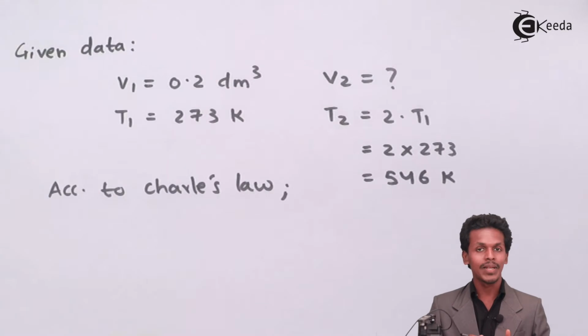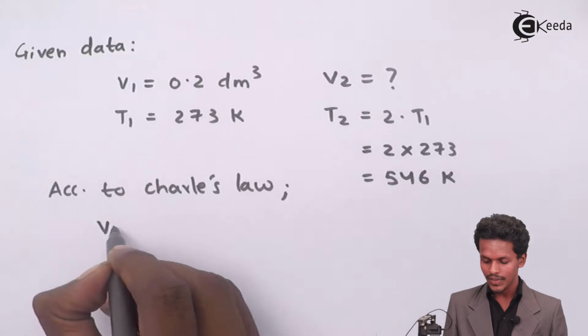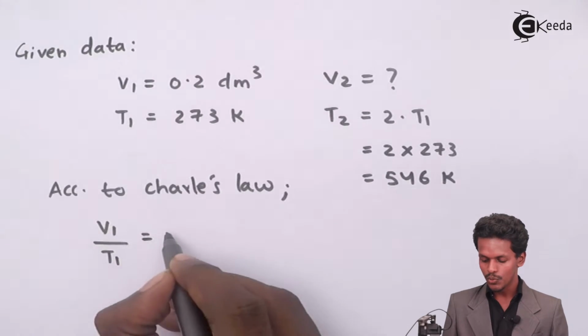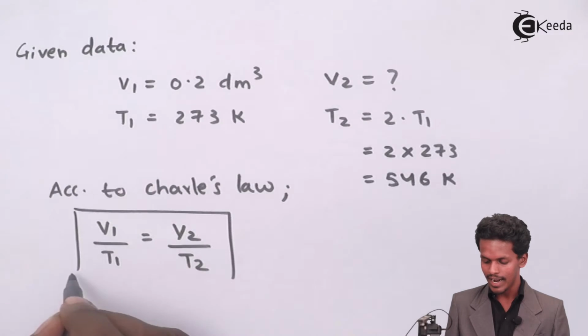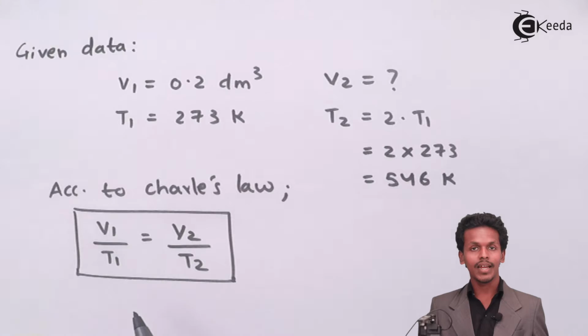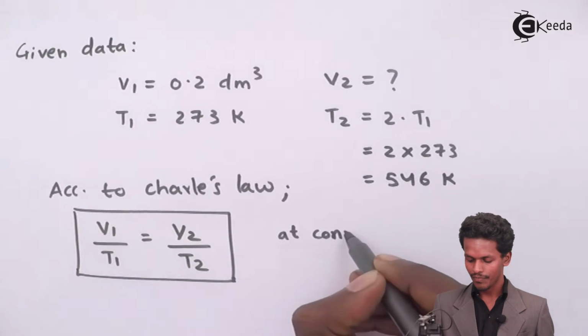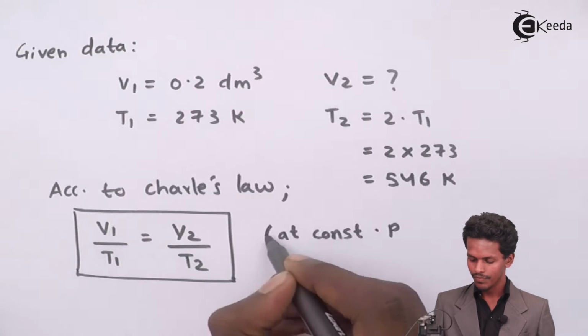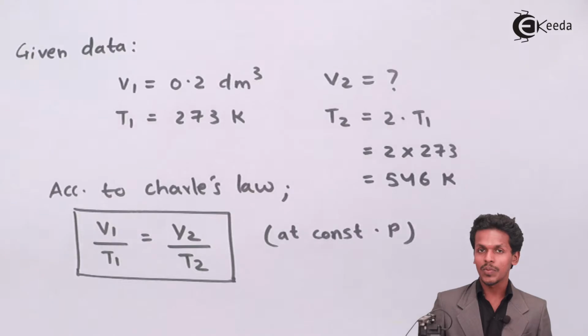Because two cases are mentioned, V1 and V2, I can write V1 divided by T1 is equal to V2 divided by T2. This is the formula I have to follow to get a proper answer, and the pressure is constant.